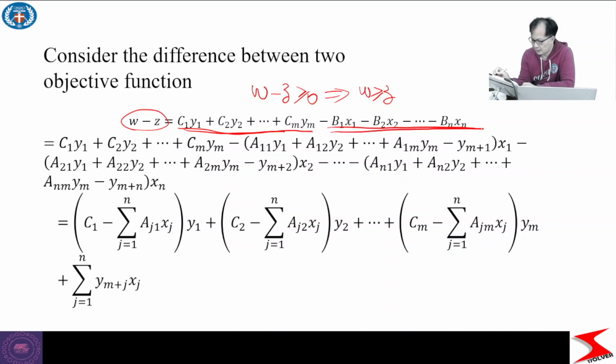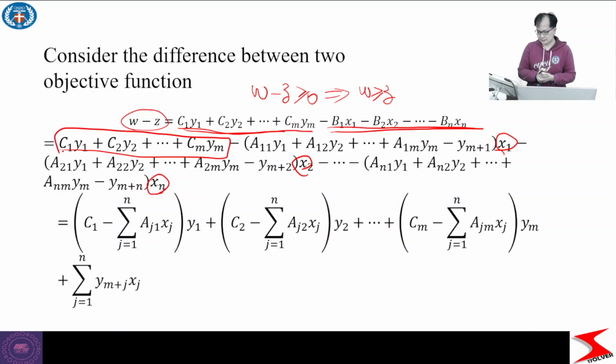Then we put the coefficients for x1, x2 till xn, and this part is not related to x. So we combine all of the xj.